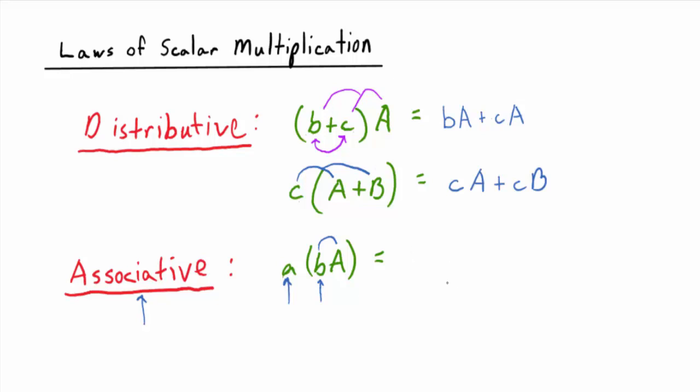Based on your experience with the associative law in the past, what do you think we're going to move around? So a times the matrix b times a is the same. You'll get the same thing if you multiply the two scalars first, a times b, and then multiply that scalar, whatever that product is, times a.